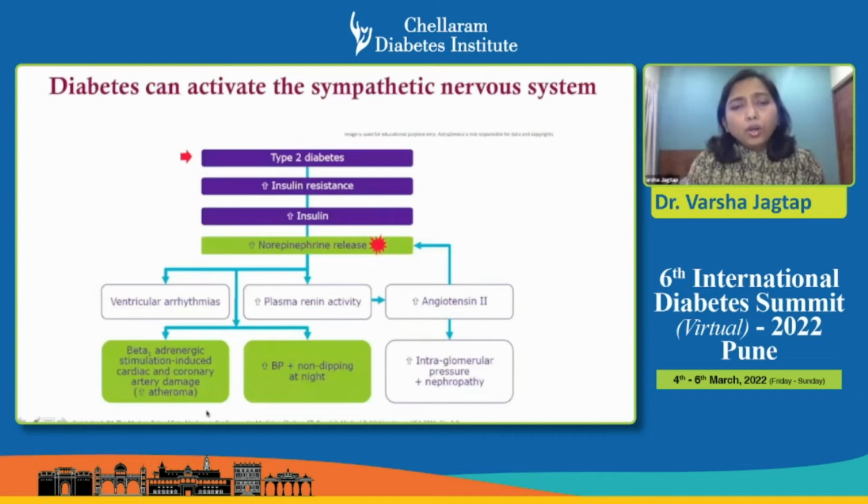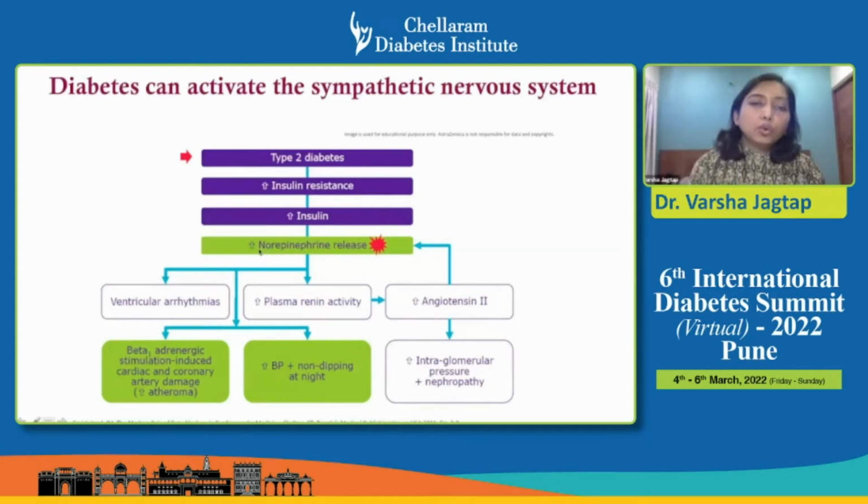So we all know that insulin resistance causes hyperinsulinemia, which then drives the norepinephrine release, and this norepinephrine release can then activate the plasma renin activity, the PRA, which then acts on angiotensin 2, and angiotensin 2 can cause glomerular problems, nephropathy.